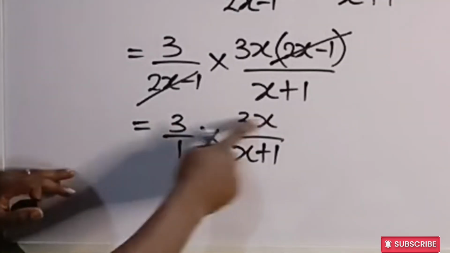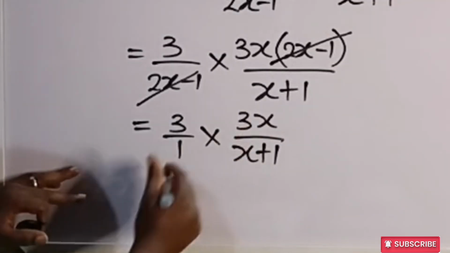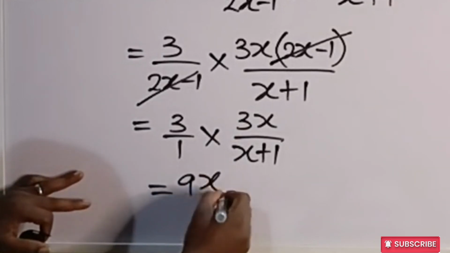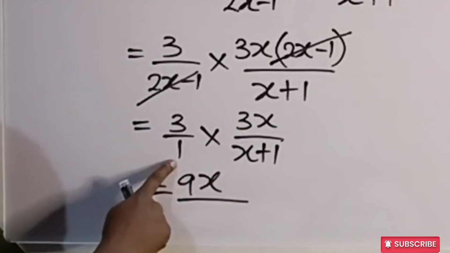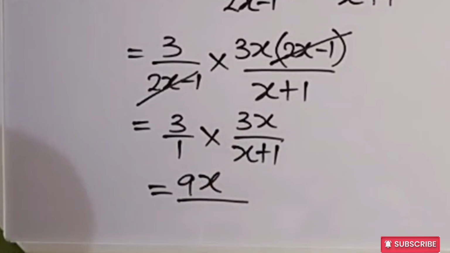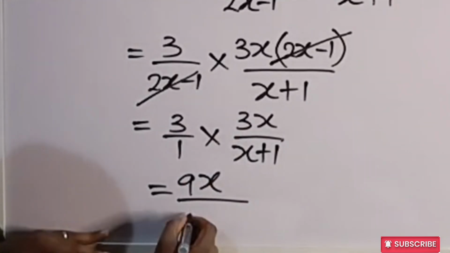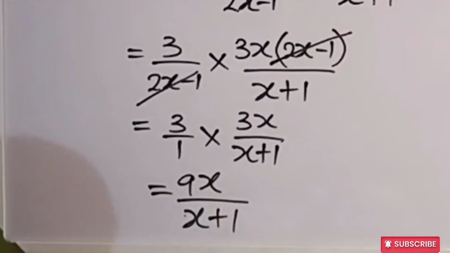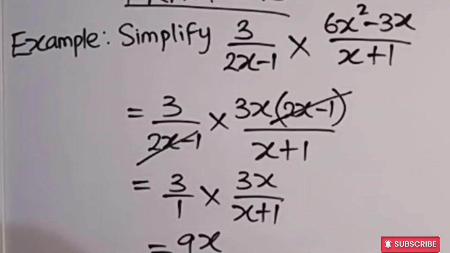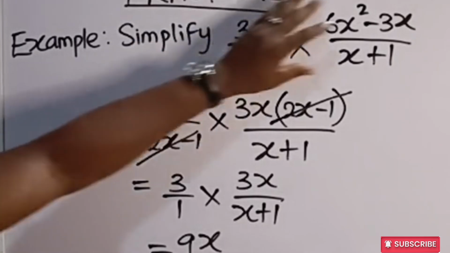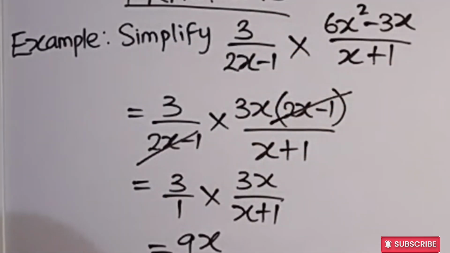Multiplying 3 by 3x gives you 9x, all over 1 multiplied by x plus 1 gives you x plus 1. So this gives us the answer to the question. We have been able to simplify this algebraic expression here.